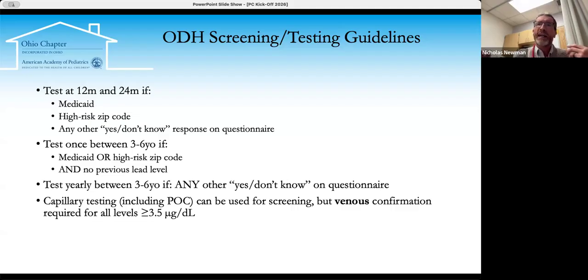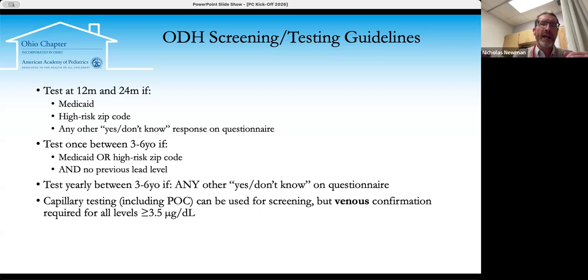So even if you end up with a no to some of these questions, or you're like, well, I don't know if I should test or not, if there's some clinical reason to test, go right ahead. These are kind of minimum testing guidelines. This is not like, oh, don't do this if the answer is no, right?